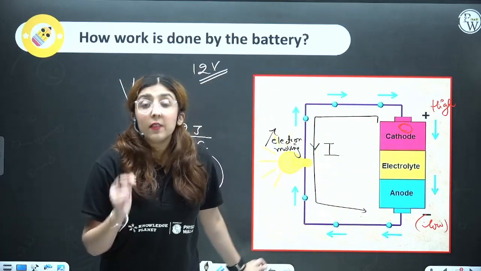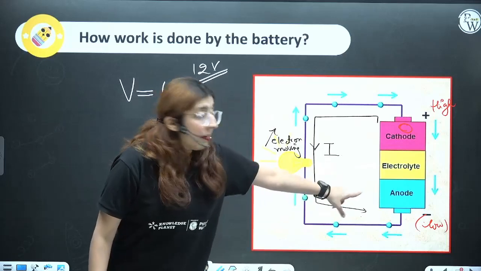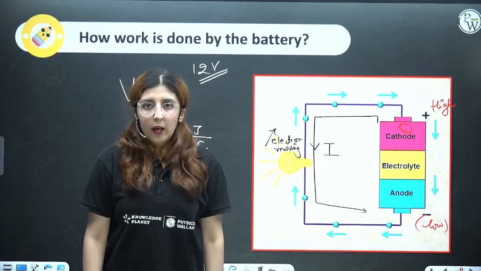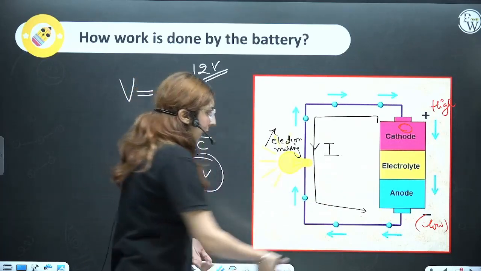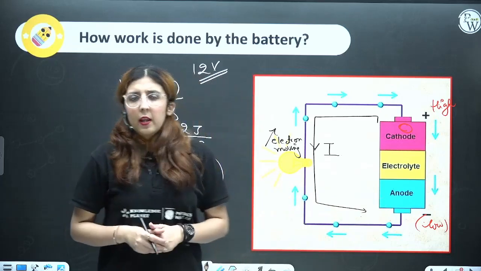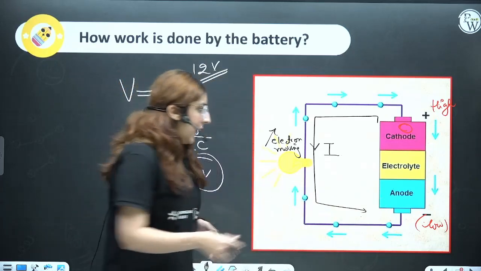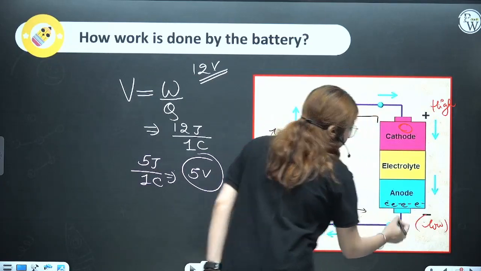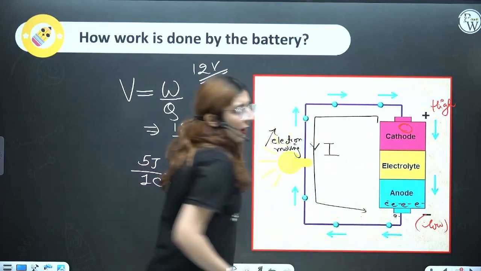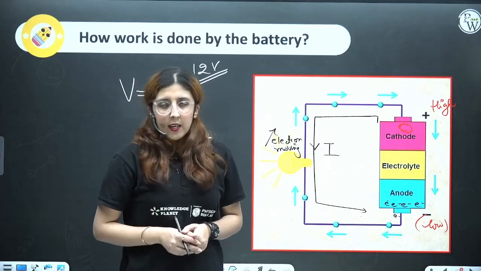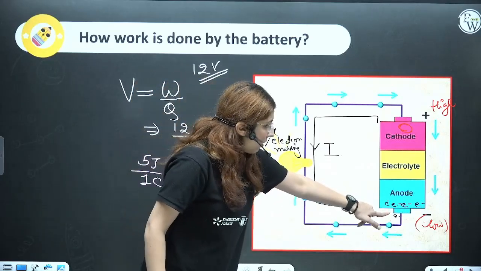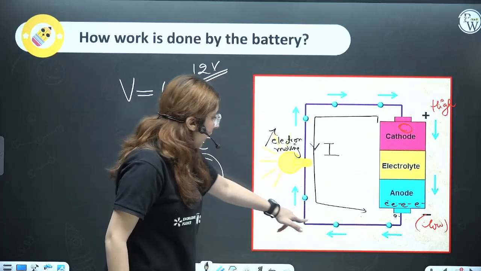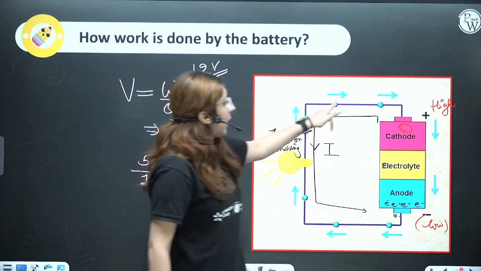Here one thing is very important. When you talk about the negative terminal, in my wire, electrons will be there. So imagine the negative terminal having electrons, and the wire having electrons. These electrons are going to repel. As electrons get repelled from here, they move in the opposite direction.